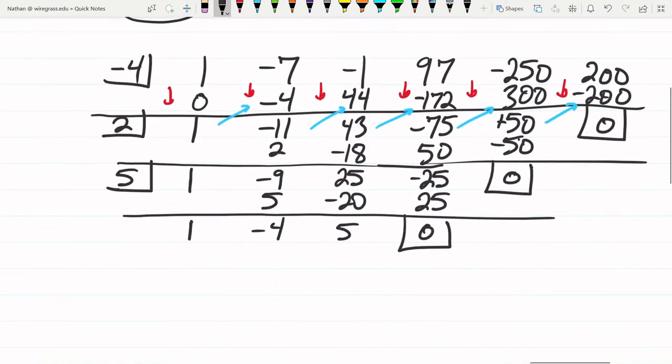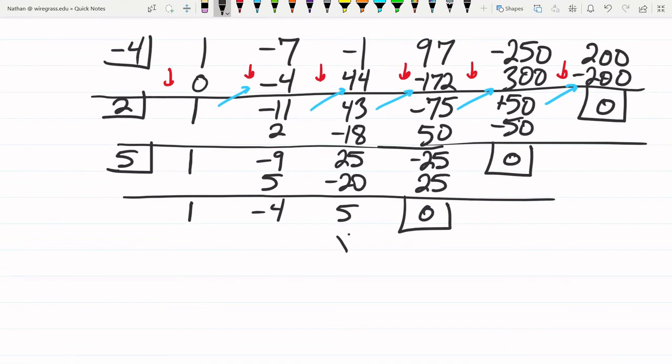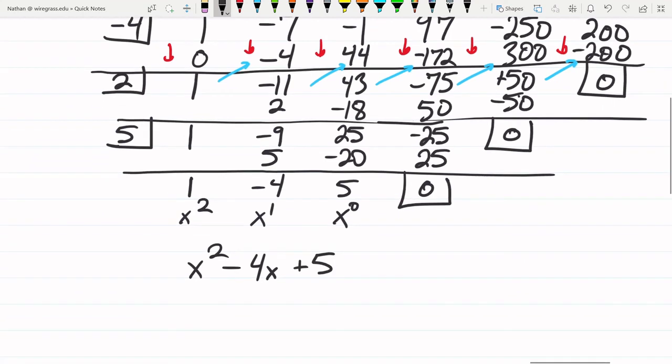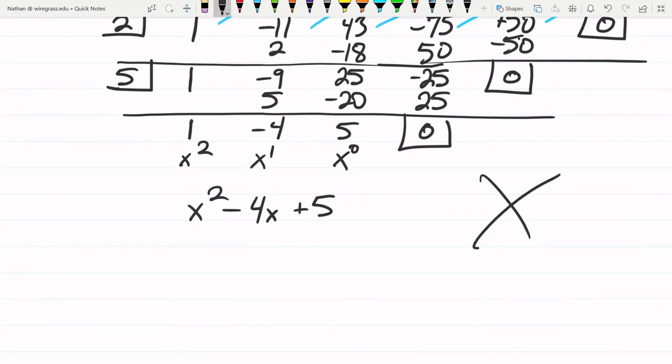And at this point, we do know how to factor this. This is x to the 0, x to the 1. This is a quadratic equation. So we have x squared minus 4x plus 5. And to factor this, we can use the AC method. A times c is 5, b is negative 4. Two numbers that multiply to give 5, add to give negative 4.